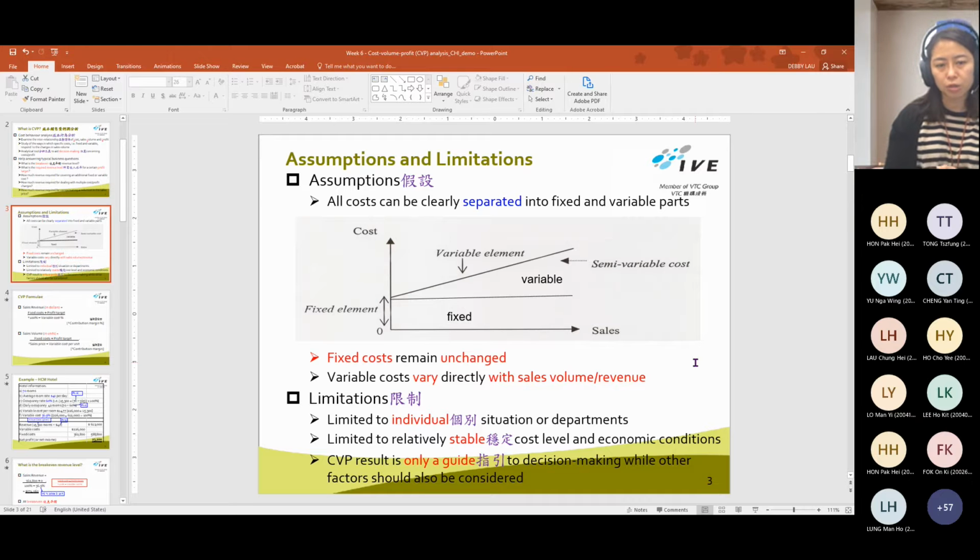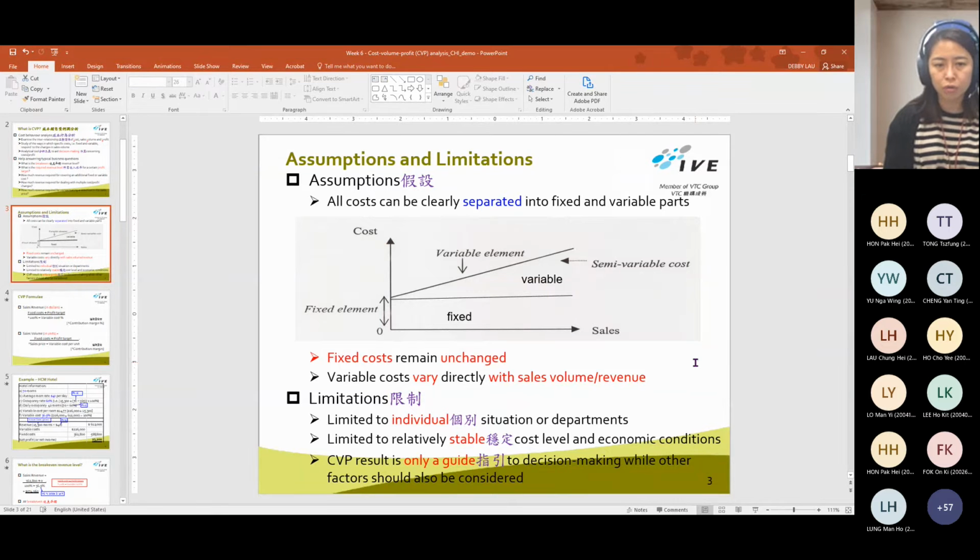And next is the limitation: this theory should be applied to an individual case. So you have to make sure it can only be suitable for one department or maybe for one situation, because if it's just applicable for mine, maybe not for your whole house, right?